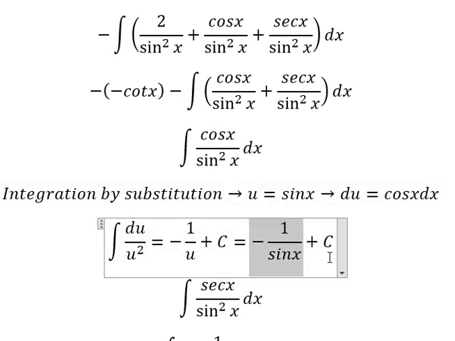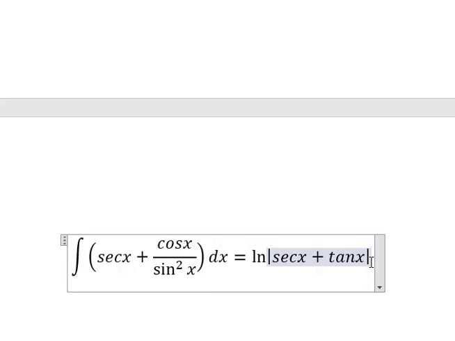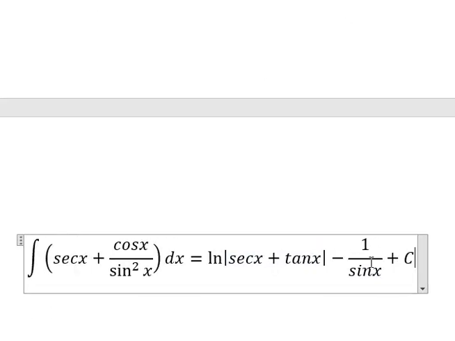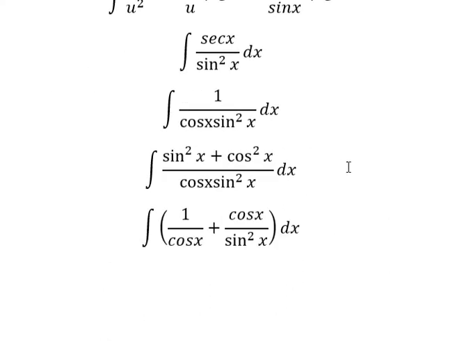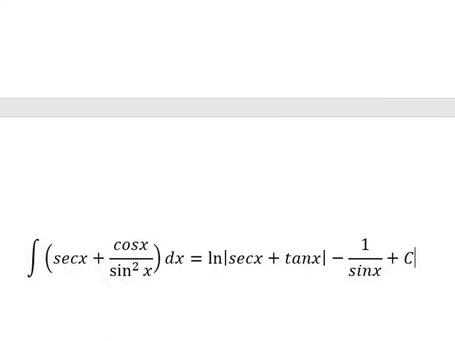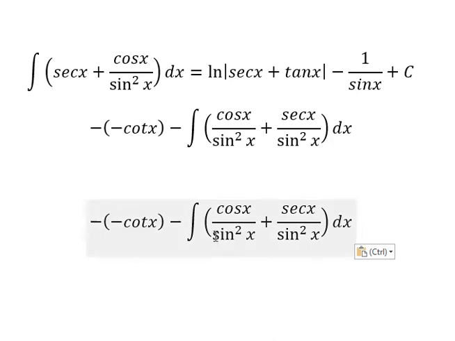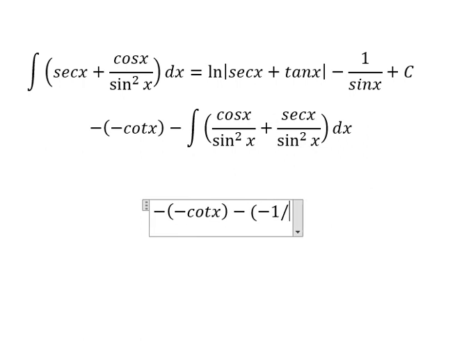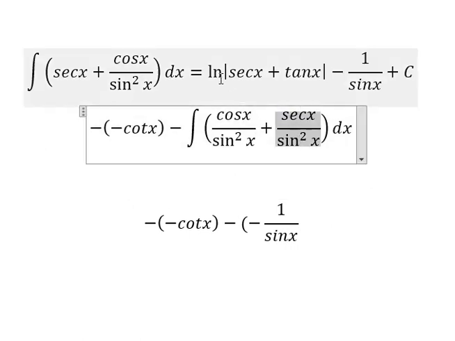And we have negative 1 over sine x. Now we return back to this one. About this integration, we have negative 1 over sine x. About this one, we have this one.